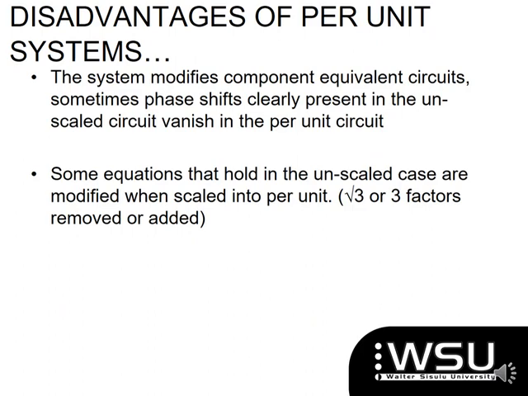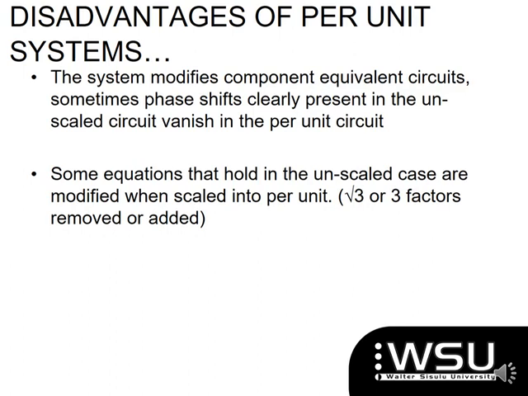And what is the disadvantage of using this per unit system? Well, the system modifies components' equivalent circuits. So our equivalent circuits are going to change because we're changing everything in it into a per unit system.